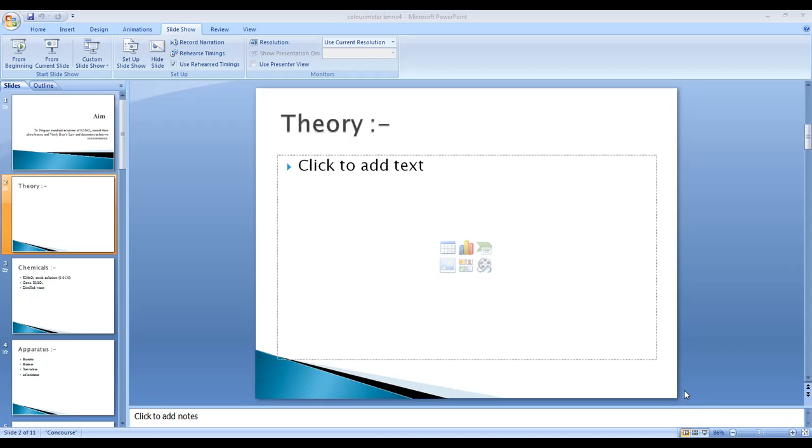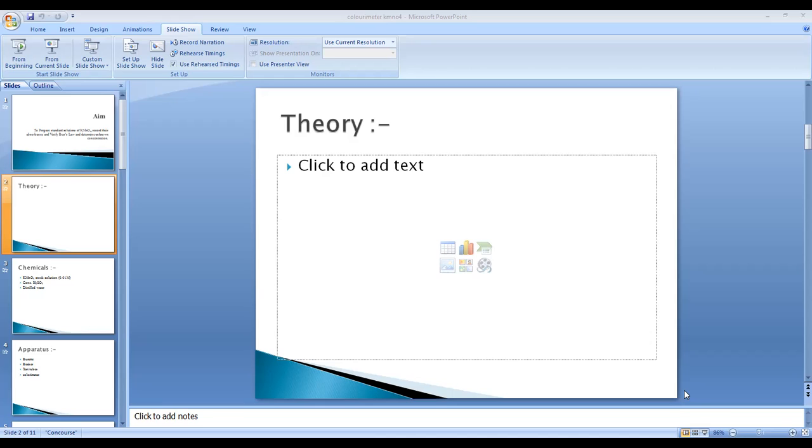It is called the Lambert-Beer law, and according to this law, A, the absorbance, is equal to epsilon into B into C. So epsilon means the molar absorptivity, B means the path length or the thickness of the cuvette that you are going to use for the experiment, and C is the concentration of the sample solution present in that cuvette. Okay, so this is about the theory of the first part of the determination. Now we will move towards the next part.